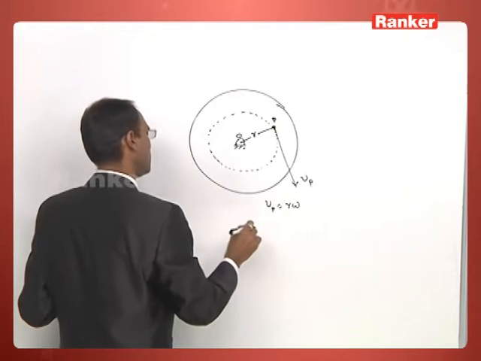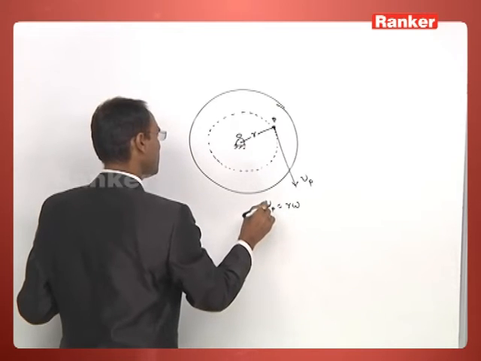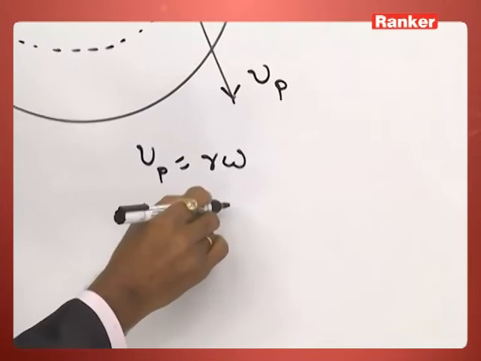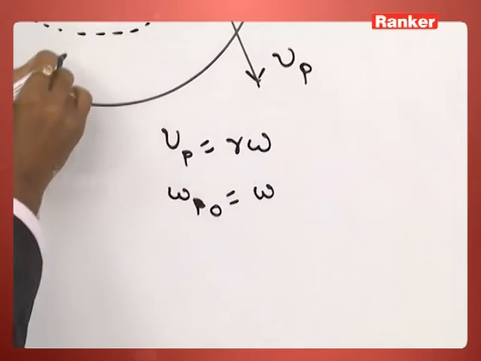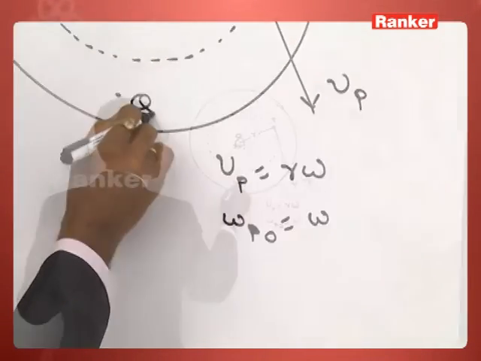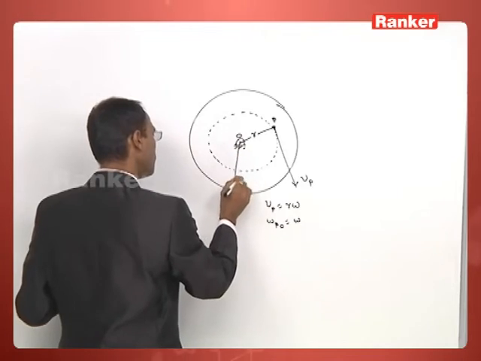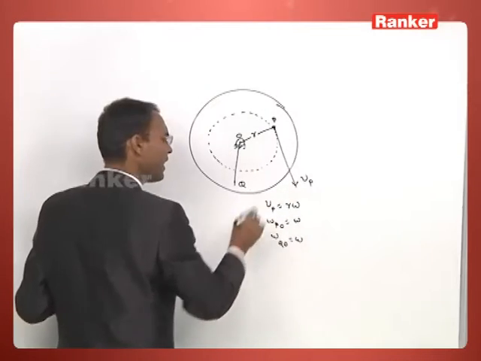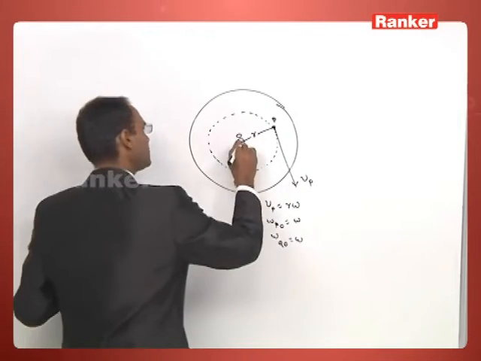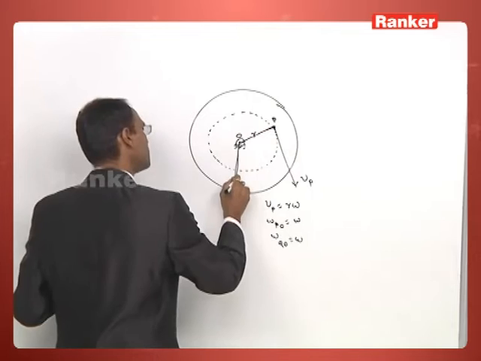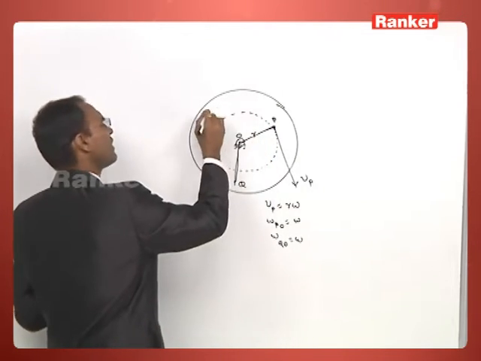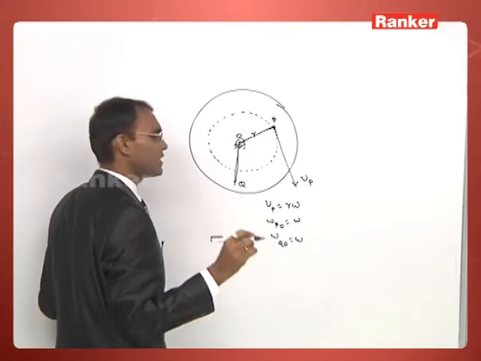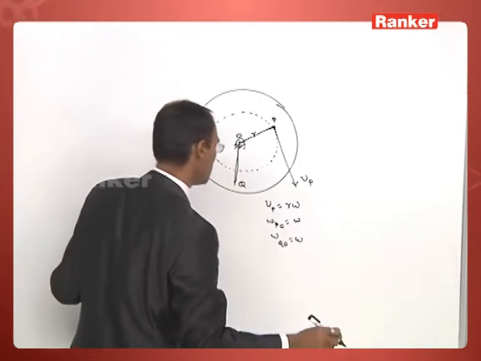However, the angular velocity of this particle with respect to O will be equal to omega. The angular velocity of any other particle Q with respect to O will be equal to omega, because all straight lines drawn inside the rigid body, in this case, must move with the same angular velocity.